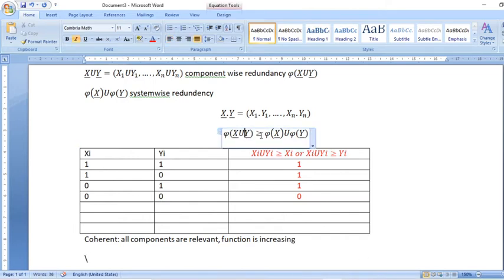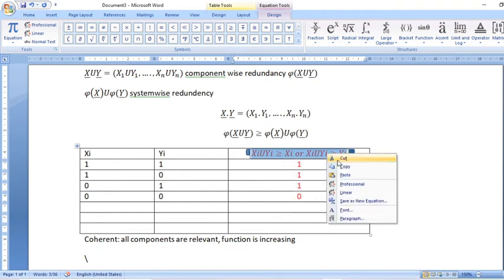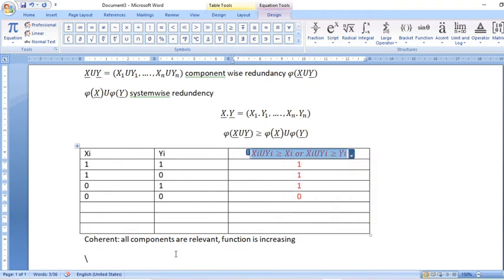So what happens? We can apply phi here. What will be the result?